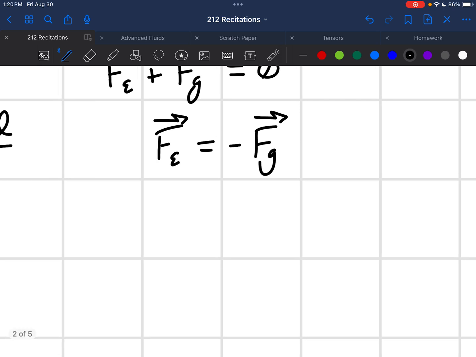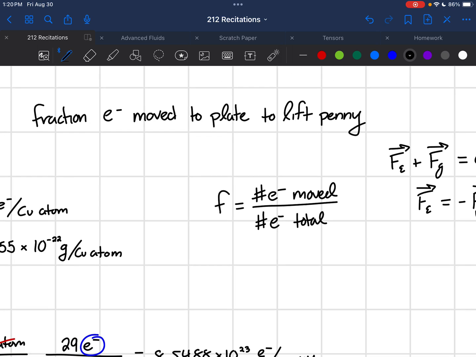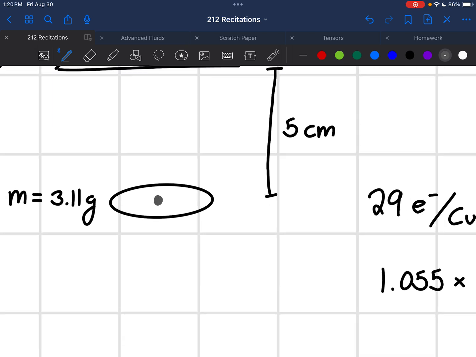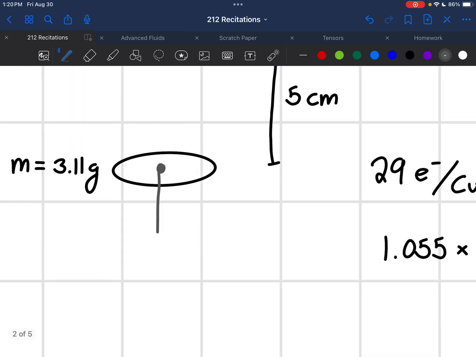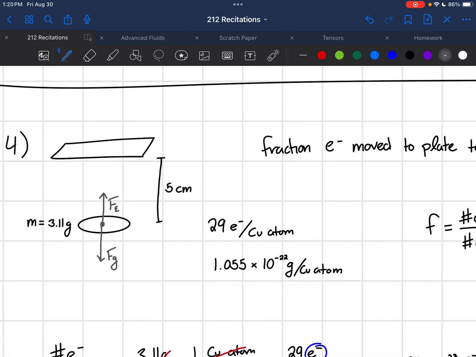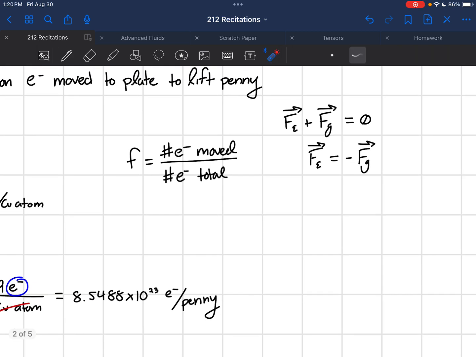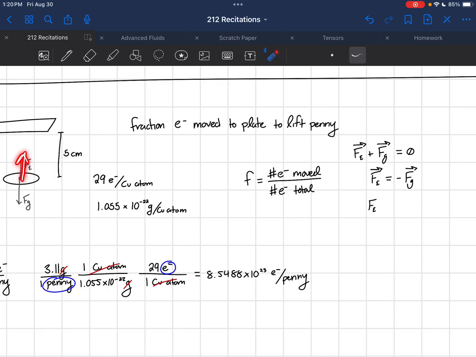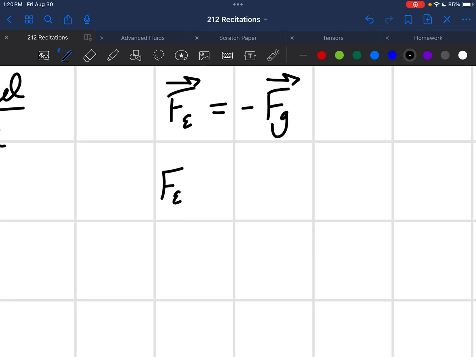Now that I've set that up, I'm going to think about the directions. So I know that gravity is going to be pulling down on the penny, and I know that the electric force has to be lifting it up. If I were to turn this equation into magnitudes and directions, I would say my magnitude of my electric force is going in the positive j hat direction.